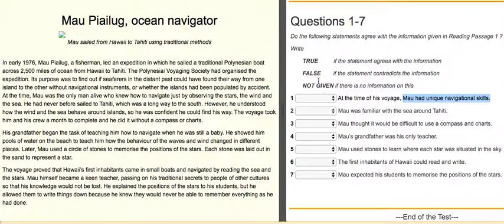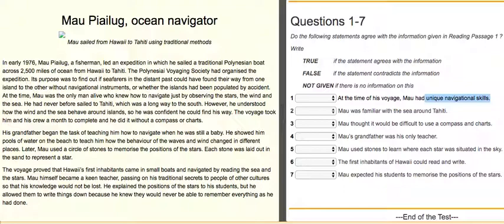If you want this one to be true, they must have the same meaning. If it is false, they must have the opposite meaning. And not given if you lack the time, the person, or the ending part. So now we continue.